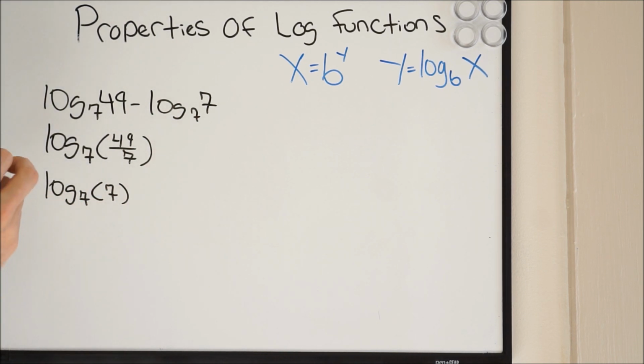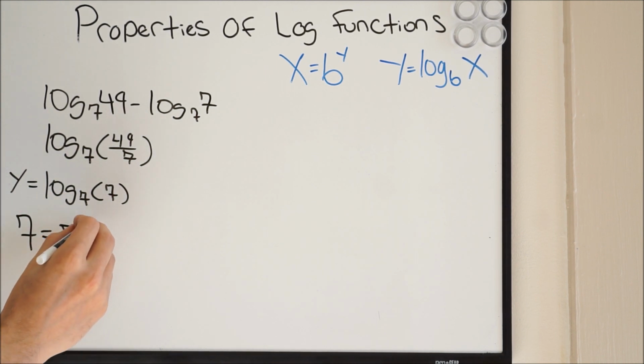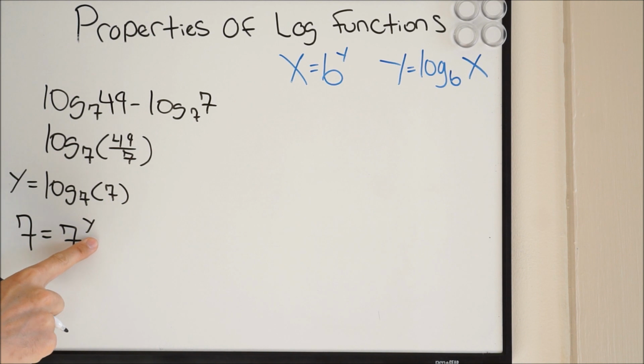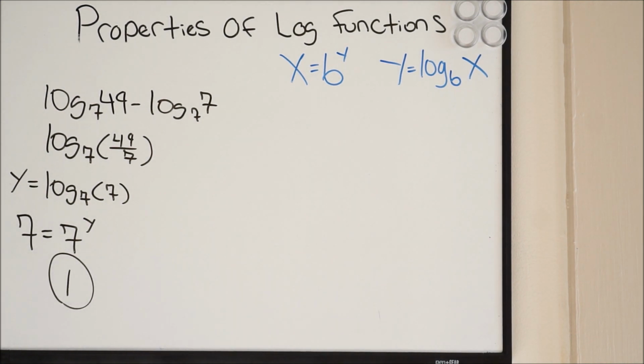Here it is as its log form. So y equals log base 7 of 7. Let's put it into its exponential form now. So what do I need to plug into y in order for this whole thing to equal 7? Well, 7 to the first power will be 7. So in our example here, our answer will be 1. So that is the quotient property.